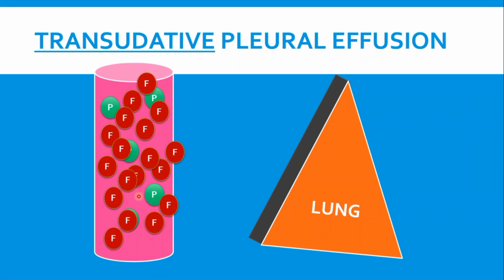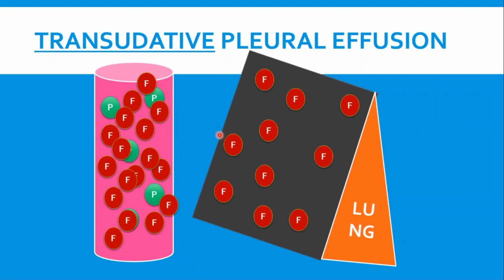That is, when the heart cannot pump, the blood backs up into the capillaries and the pressure inside the capillaries rises and the fluid seeps out. If you see here, when there is high hydrostatic pressure inside the capillaries, the fluid will go out. Then the fluid goes into the pleural space, causing pleural effusion. This is transudative pleural effusion due to high hydrostatic pressure.